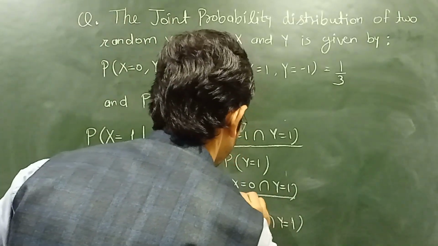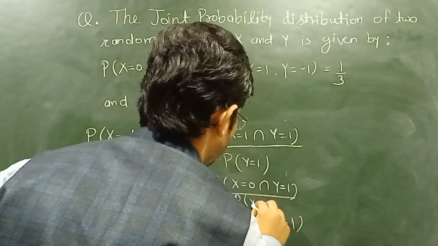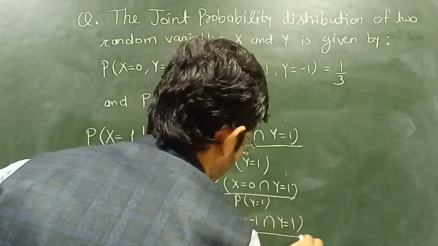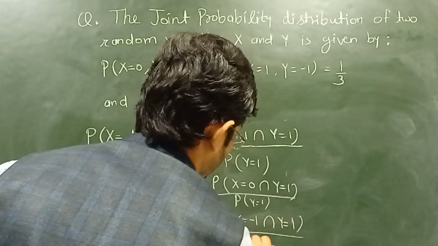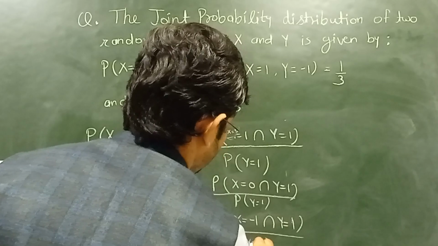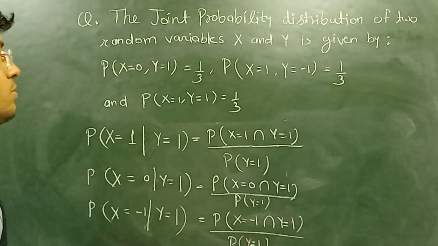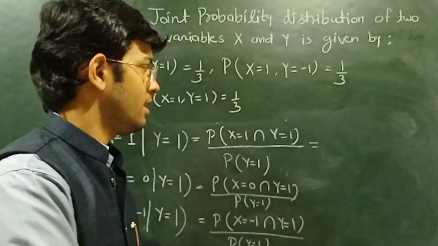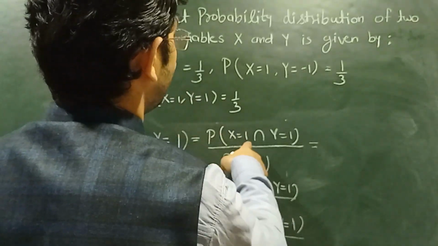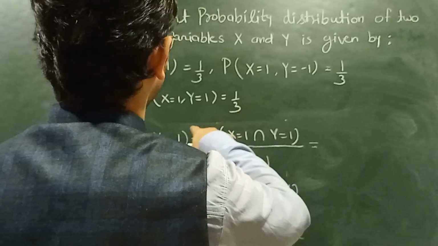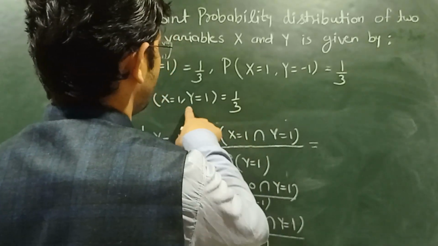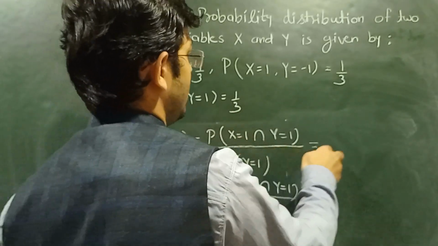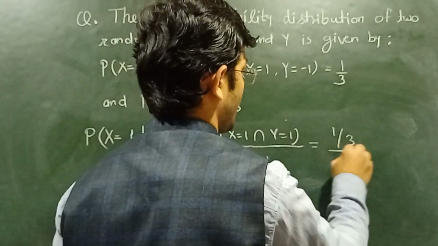Here also y equal to 1 will come in each. Now we can find the values from the table. So x equal to 1 and y equal to 1 is 1/3.